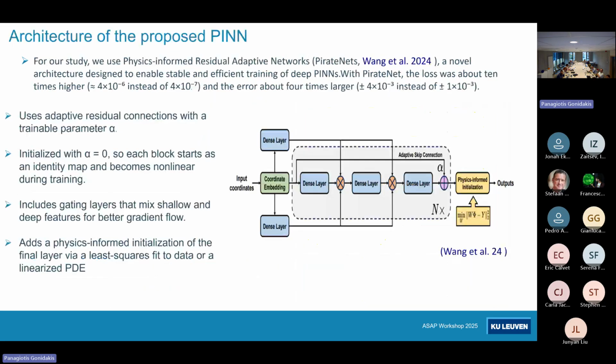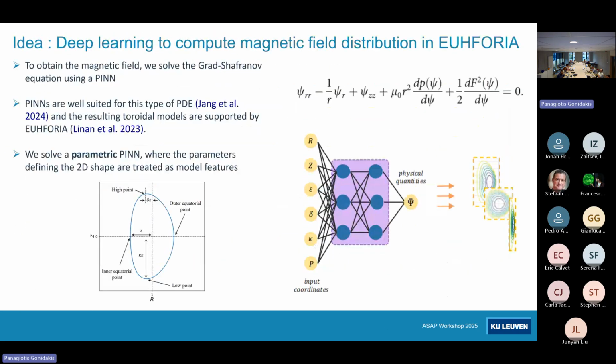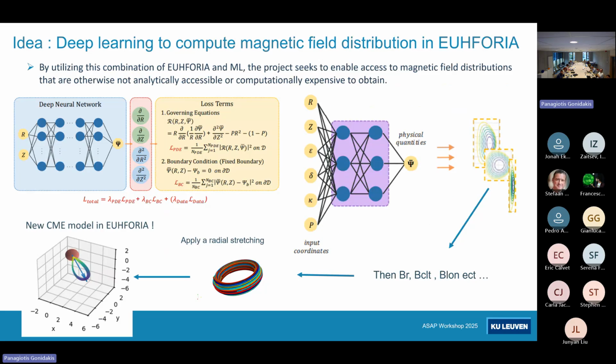And then in 2D, and since it is a torus, you have the magnetic field in 3D, and then you let it cross the inner boundary of EUHFORIA, changing the inner boundary of EUHFORIA, saying that it is crossing this torus. You model the evolution of the torus.